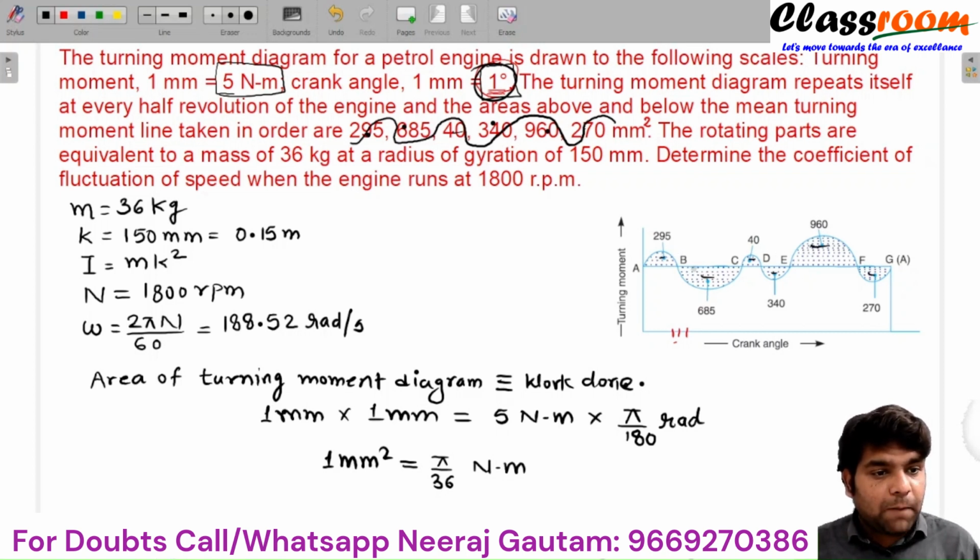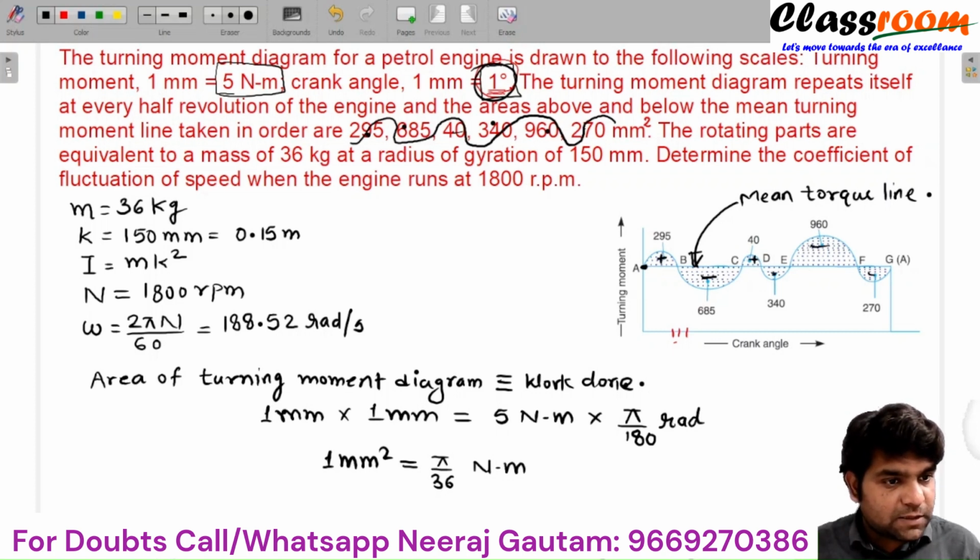The areas above the mean torque line represent positive energy, and this represents the negative one. This is positive, this is positive, this is negative, this is again positive, and this is again negative. This energy diagram represents one complete cycle.